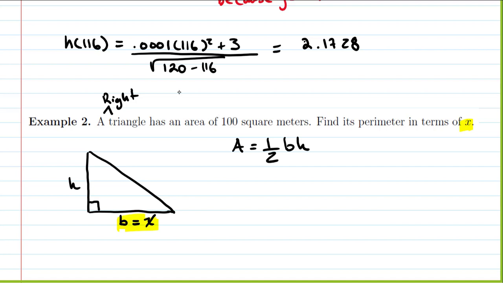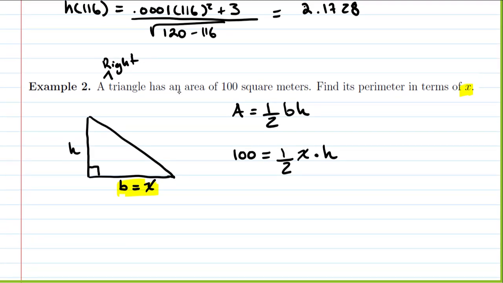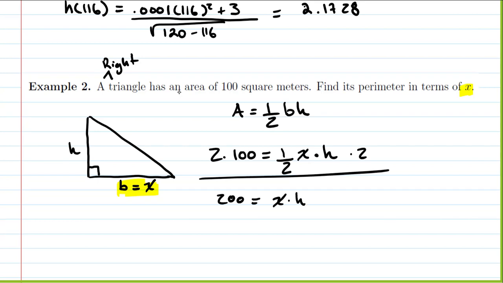Then I know that my area, 100 square meters, is equal to 1/2 my base, which is x, times my height. So I can solve this equation for my unknown h. The first thing I would do is multiply by 2, and that gives me 200 is equal to x times h.